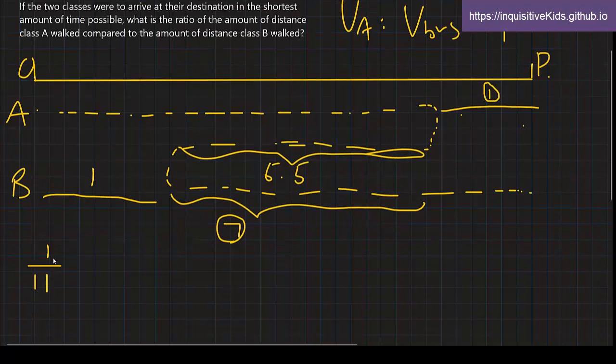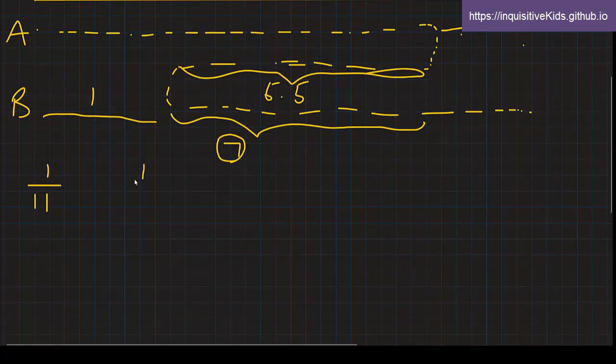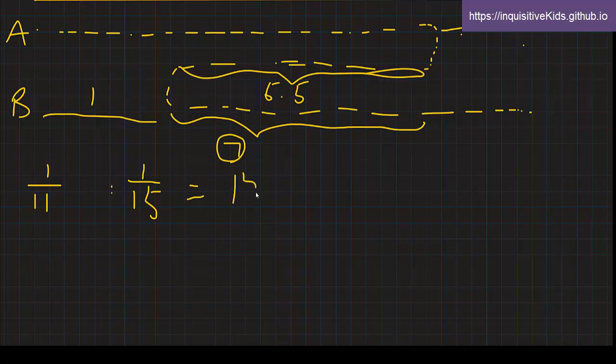This is B. And here, A is 1/15. Now to compare these two, we can multiply both sides by their LCM, and we get 15 to 11. So our final answer to this problem is 15 to 11. This is the ratio of the distance that they each walked.